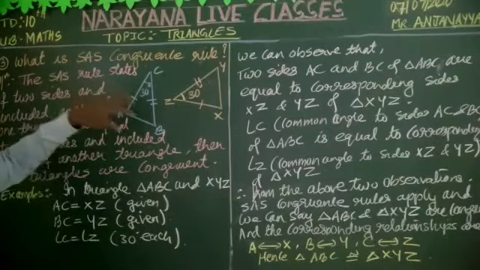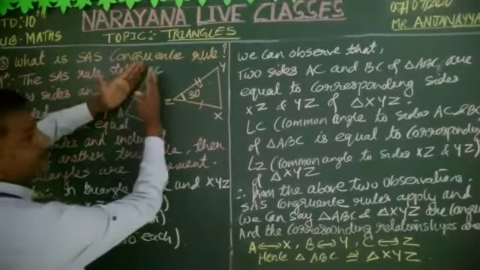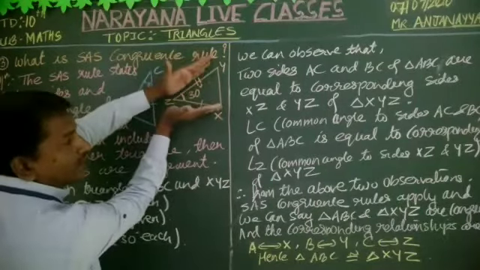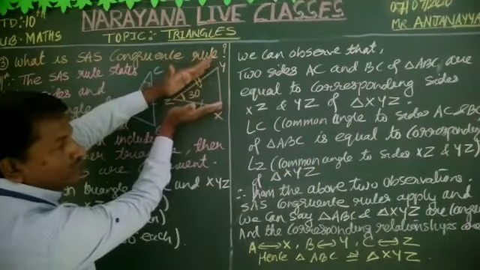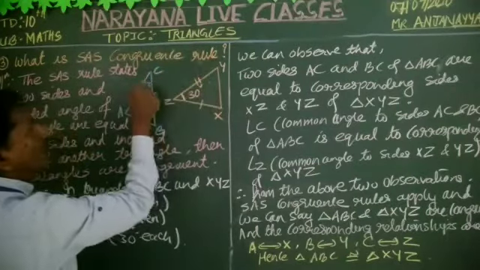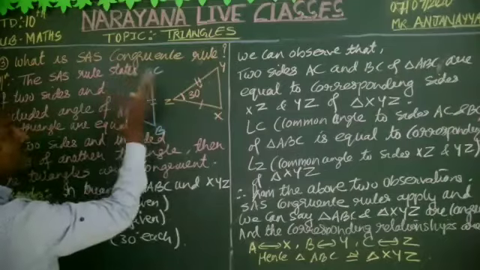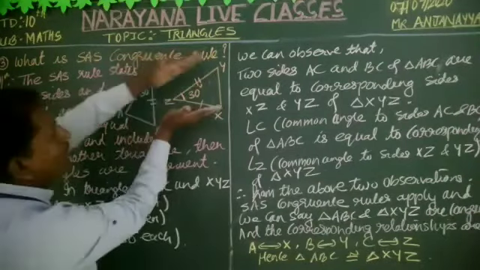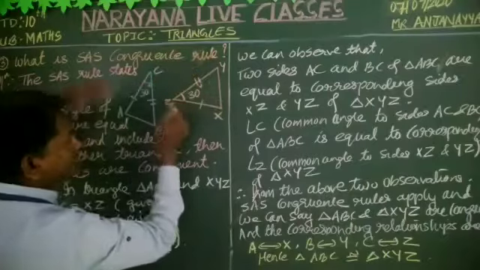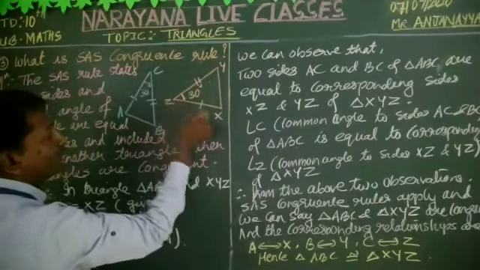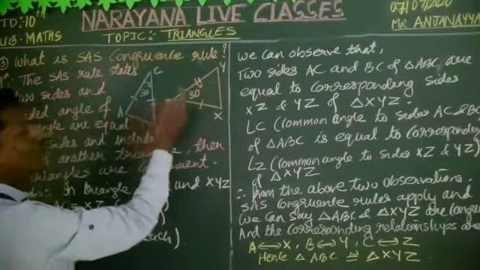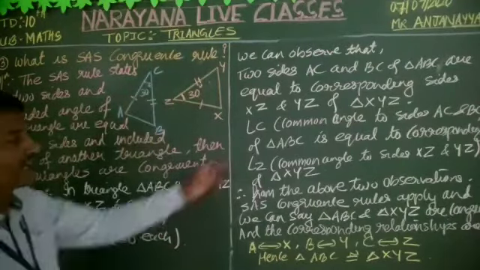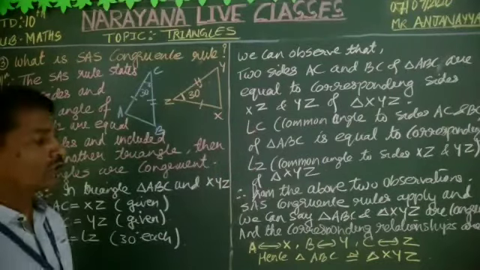So from this we observe that two sides of one triangle are equal to two sides of another triangle, and the angle between these two sides, that is angle C and angle Z, are also congruent.